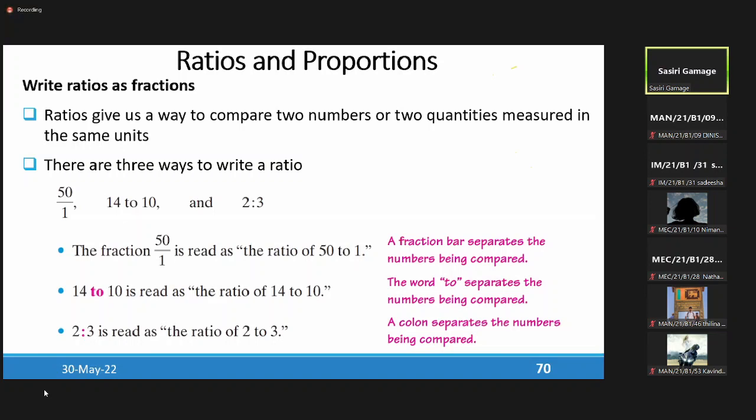Ratios give us a way to compare two numbers or two quantities measured in the same units. Again, same unit. Then there are three ways to write a ratio.